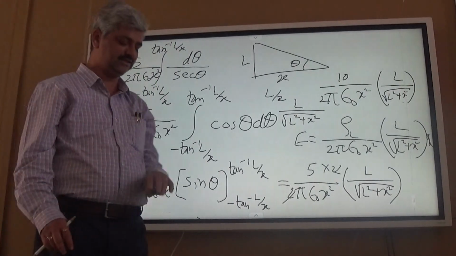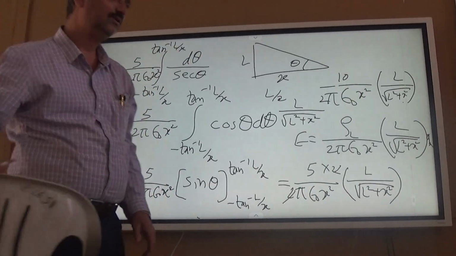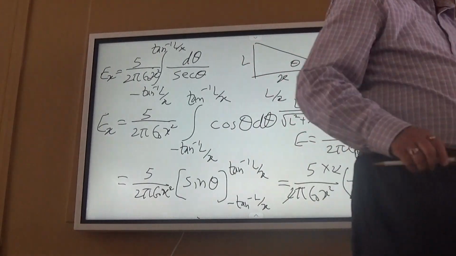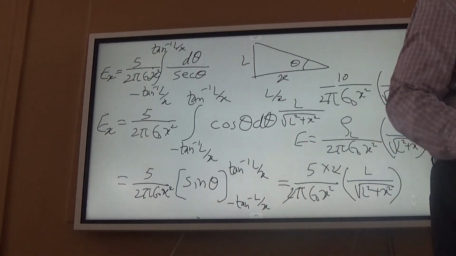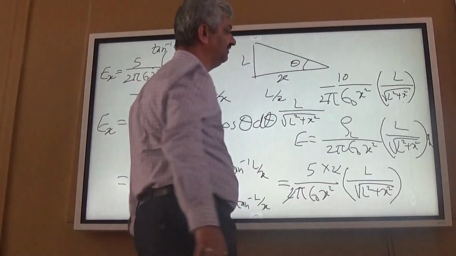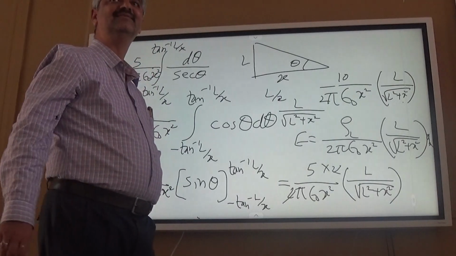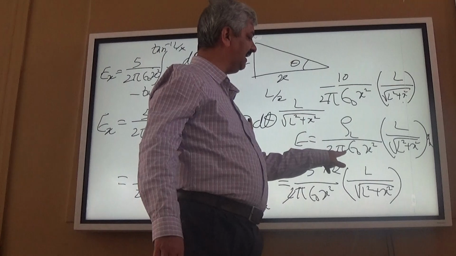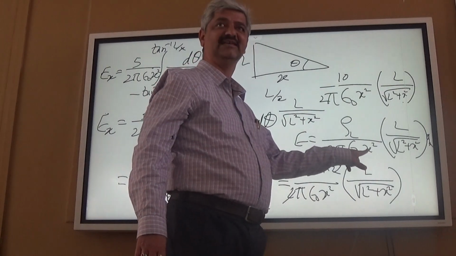You should be able to answer instantly. If L goes infinity, rho L upon 2 pi epsilon naught x will remain same.